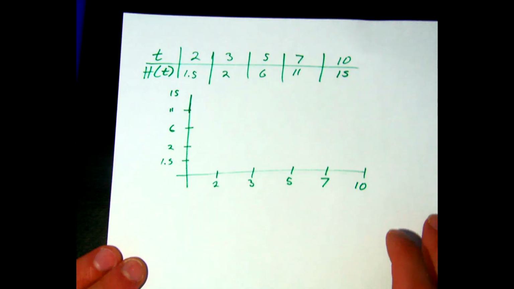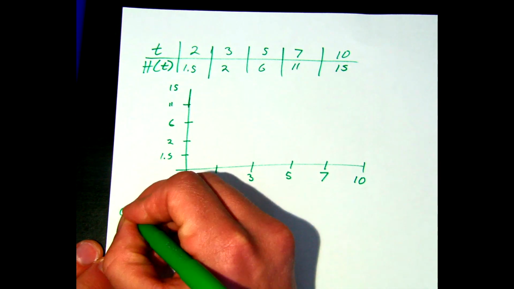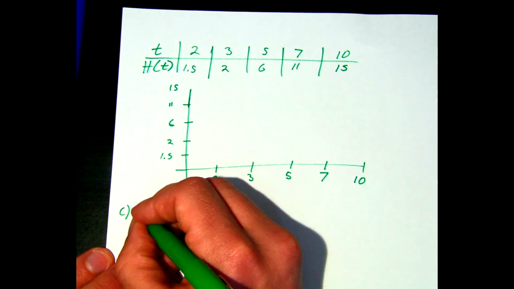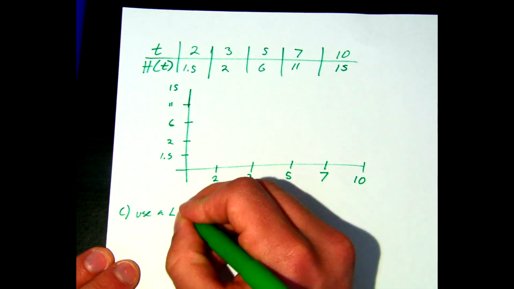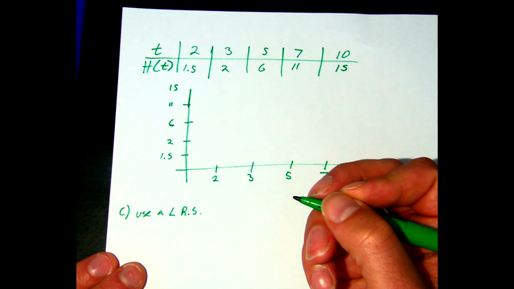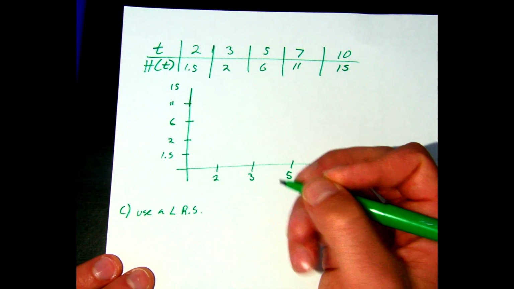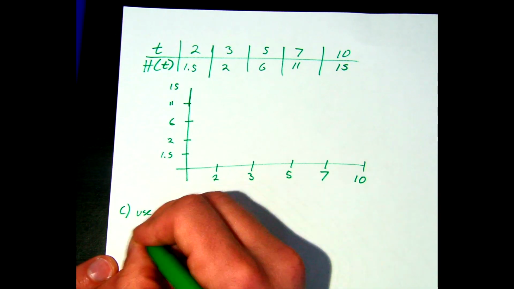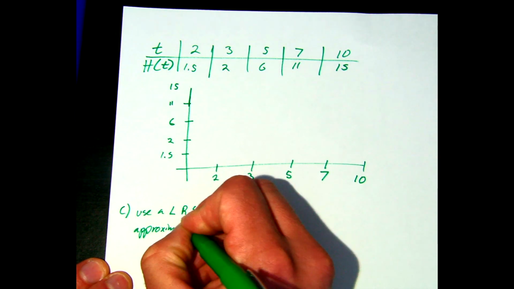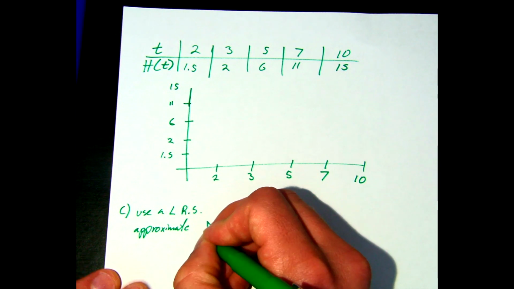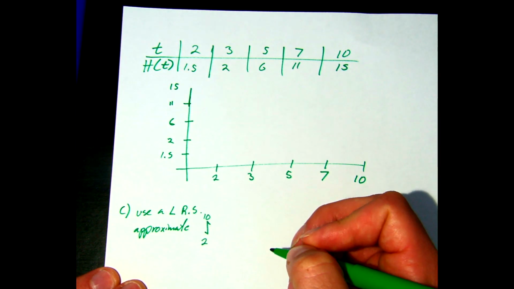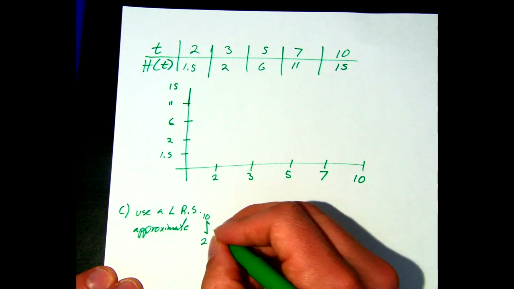All right, team. Now we're doing part C, which says to use a left Riemann sum with 4 subintervals to approximate the integral from 2 to 10 of h of t dt.